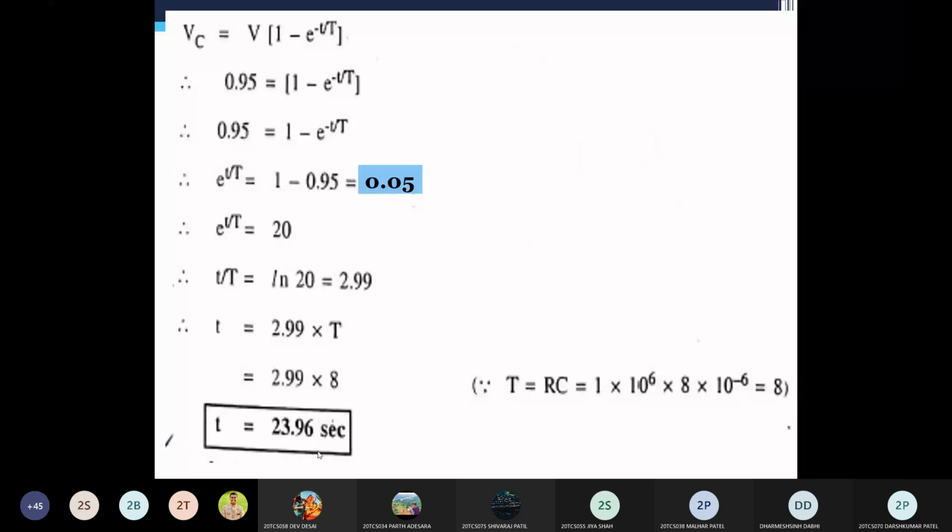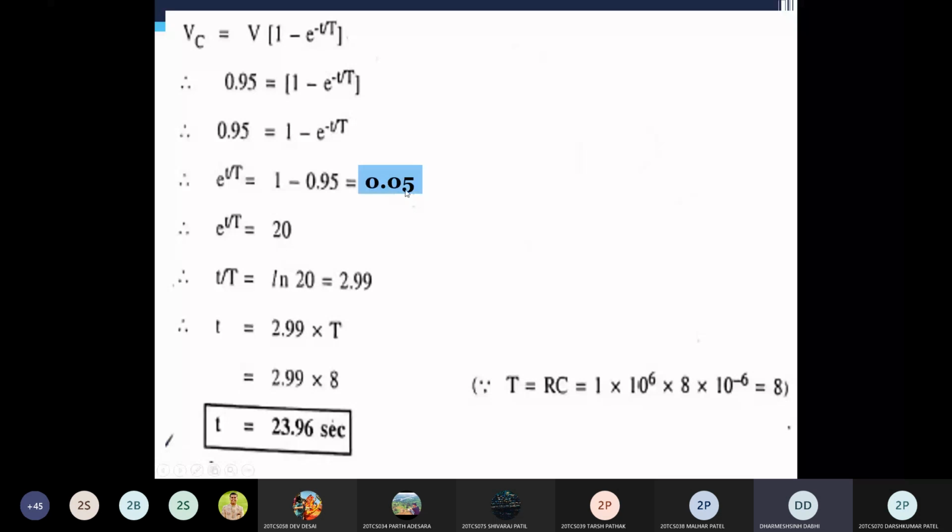Excuse me, sir. Yes. Can you explain once how you get this e raised to t upon T equal to 20? Yes. This is e raised to minus t upon T, that is equal to 0.05.